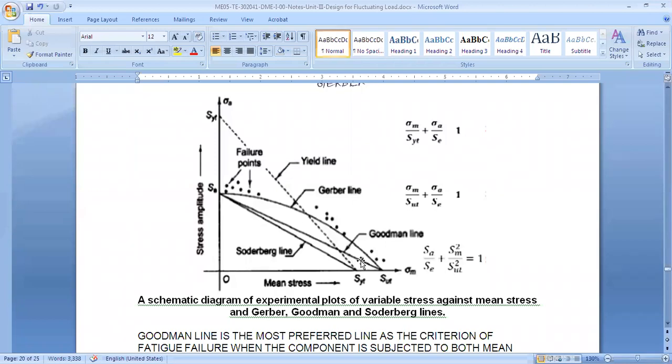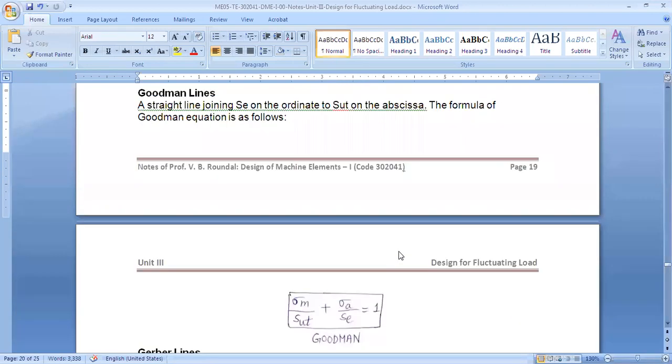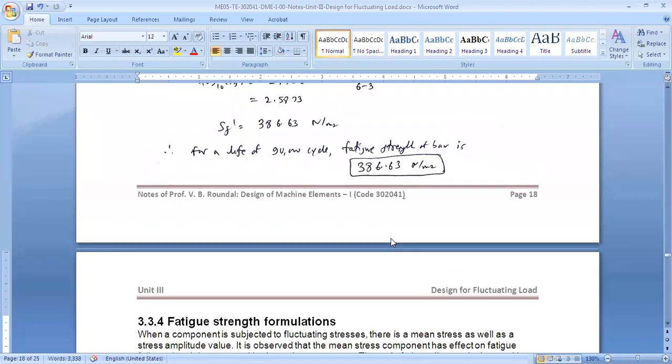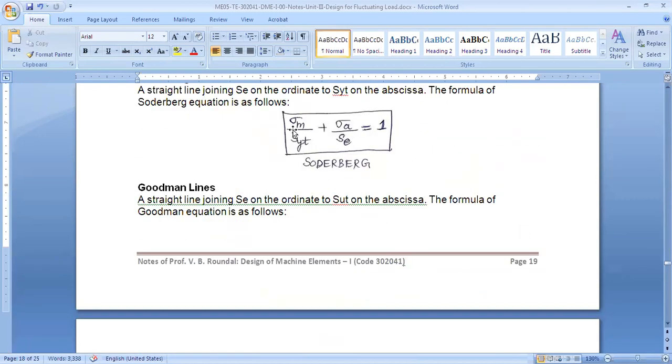Now let's try to recite the equations. The bottom line is the Soderberg line, because it doesn't start with G. With sigma m on the x-axis, the equation is sigma m upon SYT plus sigma a upon SE is equal to 1. Now the Goodman line. What is its equation?